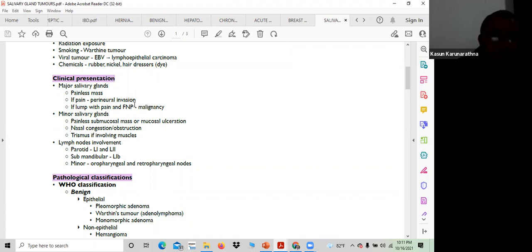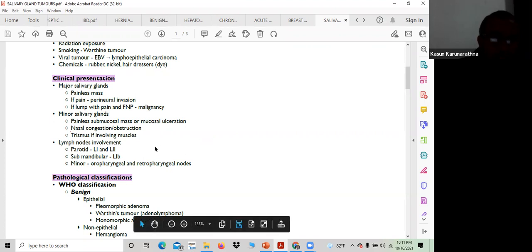So presentation, major salivary gland tumors, painless mass. If pain, there will be perineural invasion, and facial nerve palsy. That is most of the malignancy. Right? Minor salivary glands: nasal congestion, trismus means difficulty in opening mouth, and painless submucosal mass or mucosal ulceration.